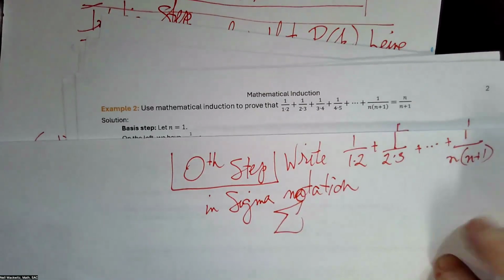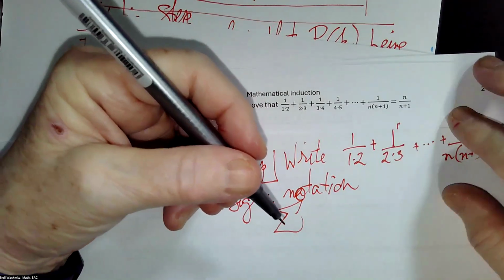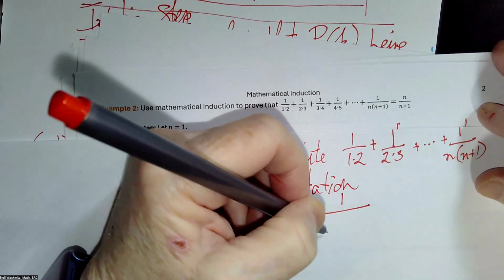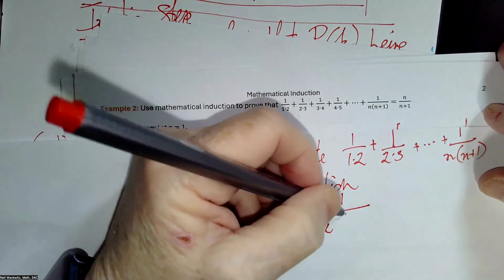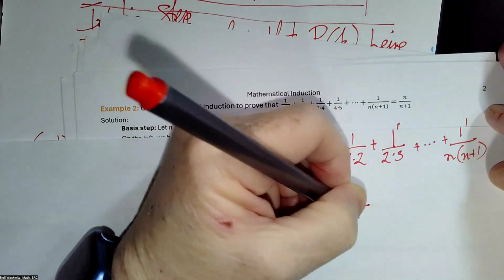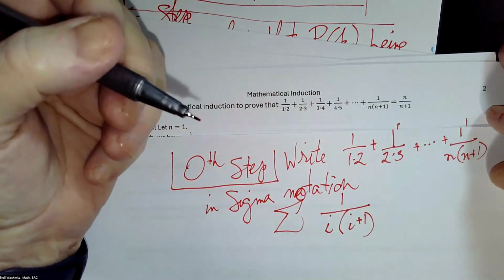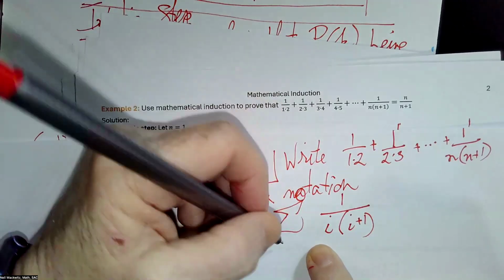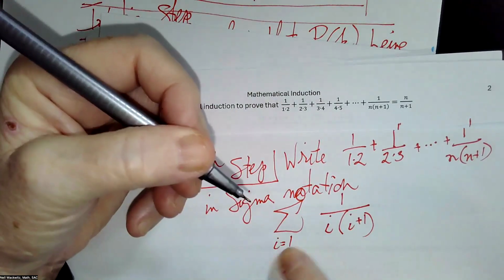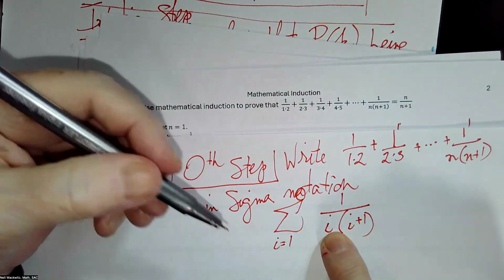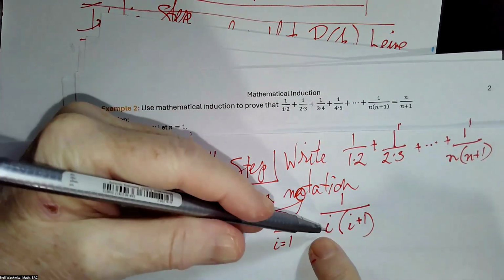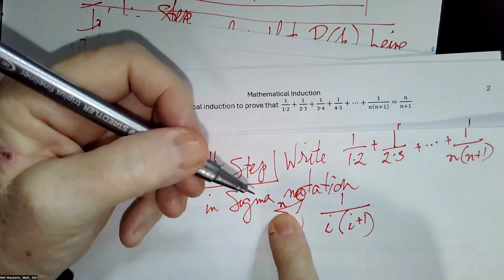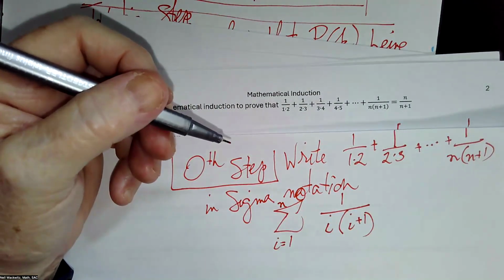So I'm going to think of i's. If I have 1 over i times i plus 1, then I could start with i is 1, and I'll go all the way up to, oh, okay, groovy, I'll go all the way up to i equals n.